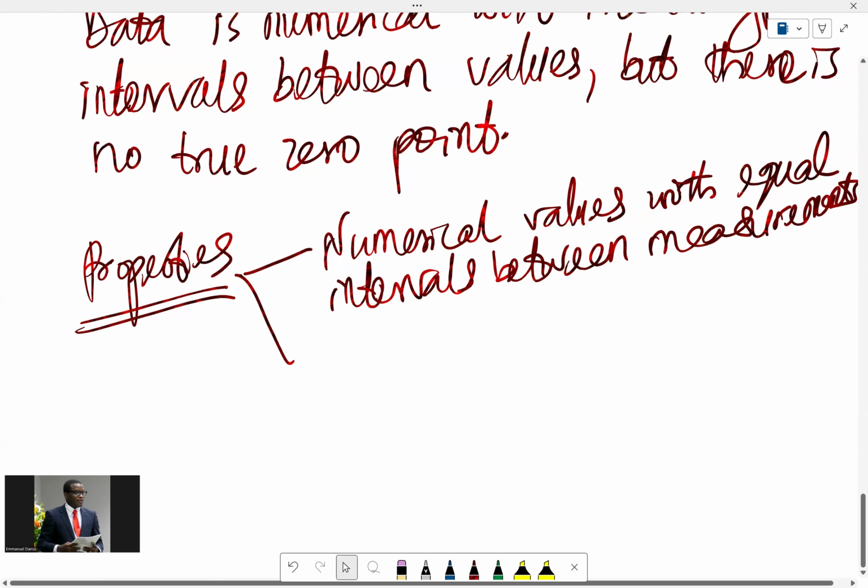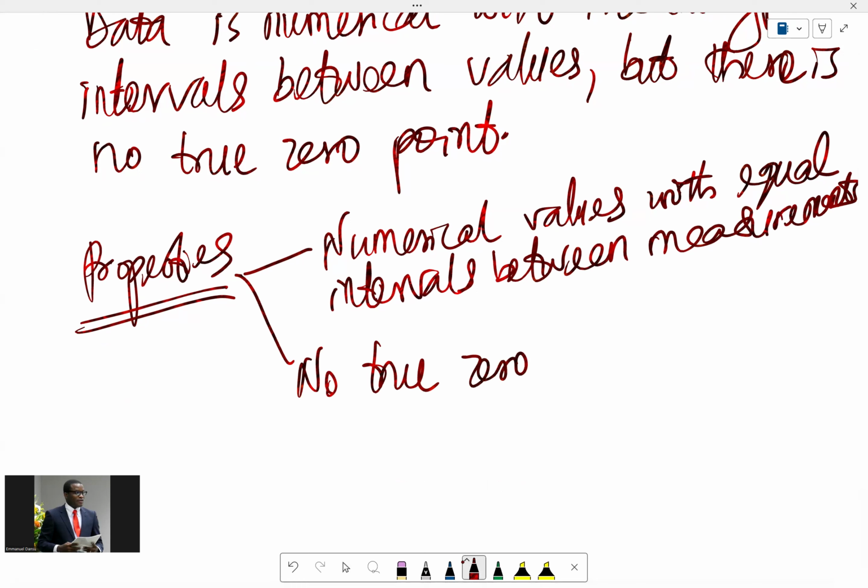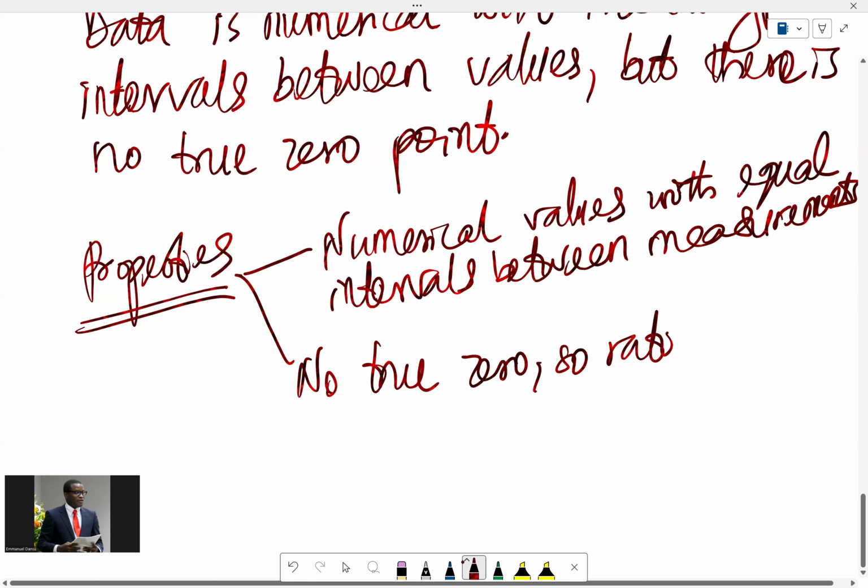Then another property is that there is no true zero. No true zero simply means that the fact that you have zero does not mean that thing has ceased. It is still there. You see the examples and you'll understand better. So ratios are actually meaningless because there's no true zero.